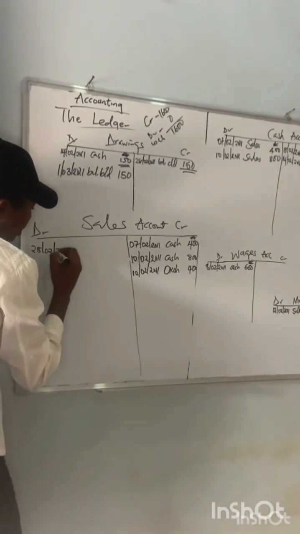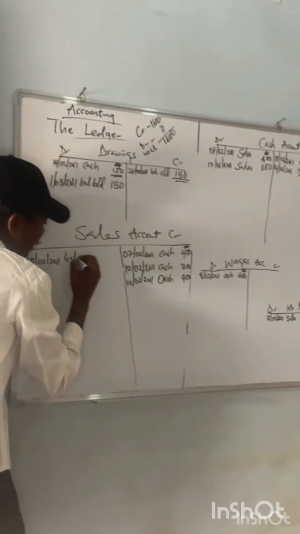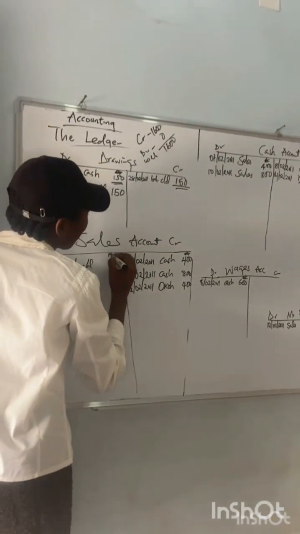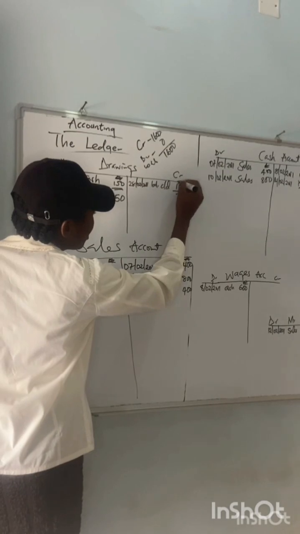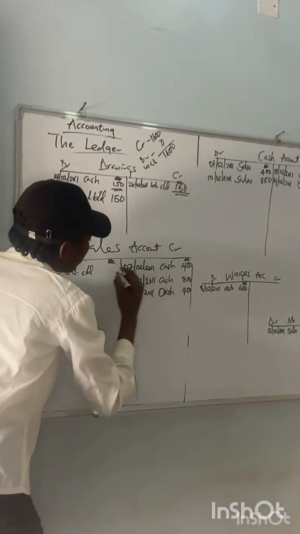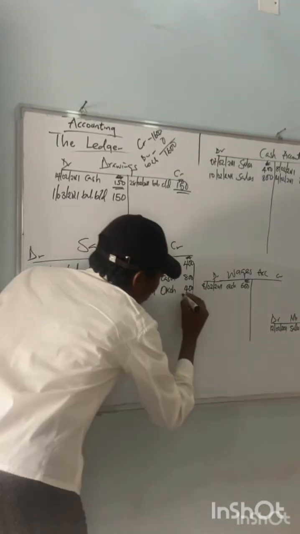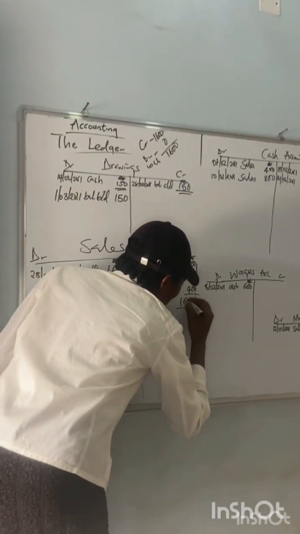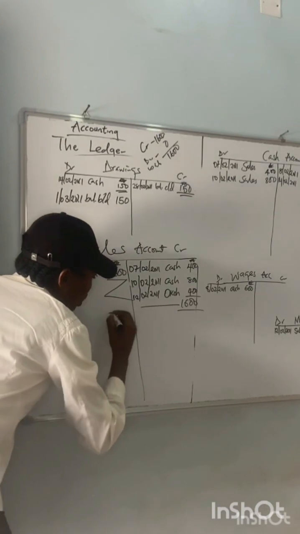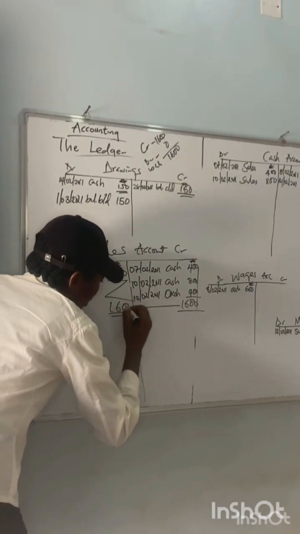28 February 2011, balance carried down here is what? 1,600, such that when we add up, because our balance must be on the same line, right? When we add up, we'll be having 1,600.